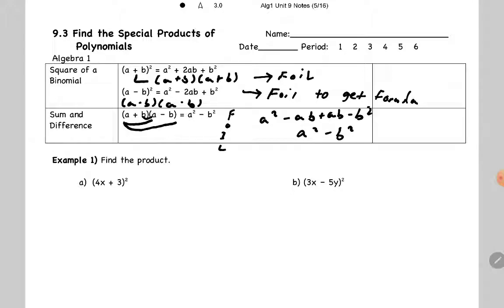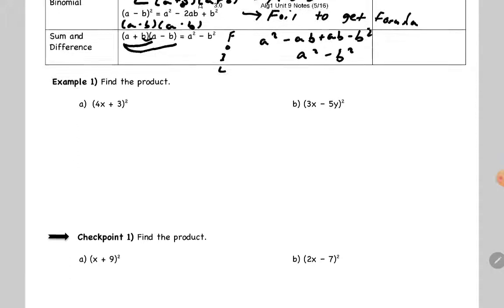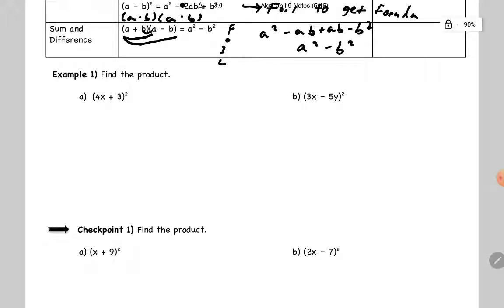So if you ever forget the formula, just FOIL like normal. So for example, I forgot the formula, (4x plus 3) times the quantity (4x plus 3). I forgot the formula, so I'm going to just use FOIL. First numbers, 16x squared. Outside numbers, 12x.